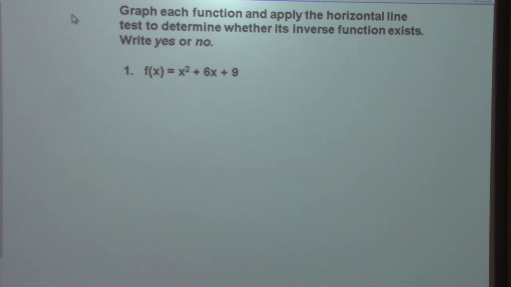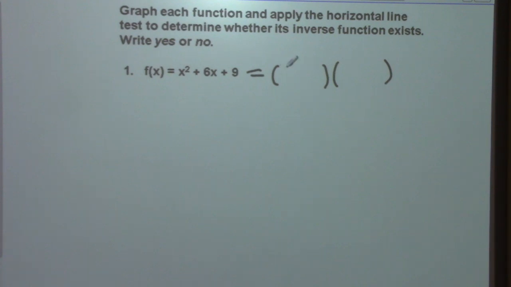Well, if we look at this one right here, we have f of x equals x squared plus 6x plus 9. If I just look at this, I see that I should be able to factor it.